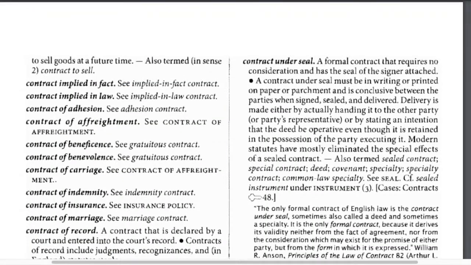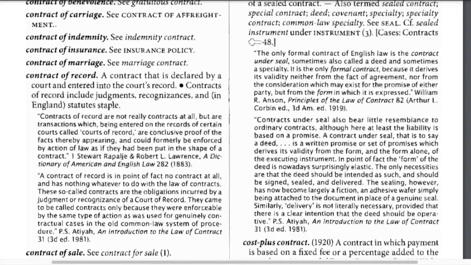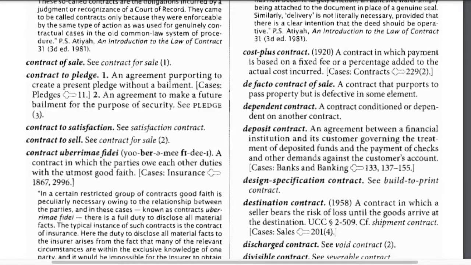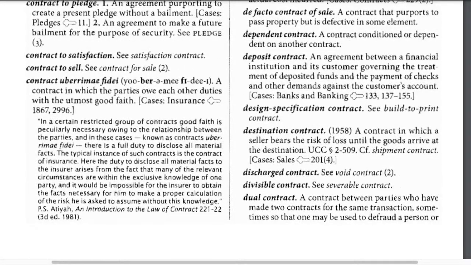Okay, there we go. Contract. Shit, what was it called again? There it is. Uberrimae fidei.